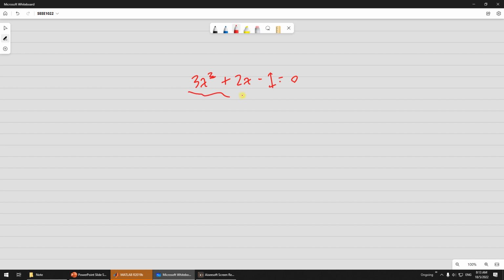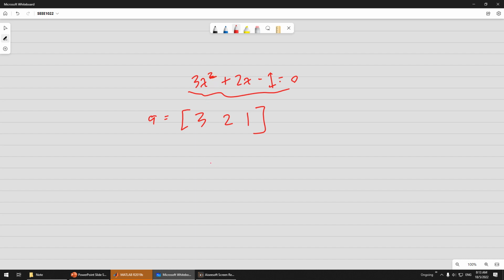You can represent this as a MATLAB vector. For example, here I call it a. So a equals 3, 2, -1. That's it. You just take these values.